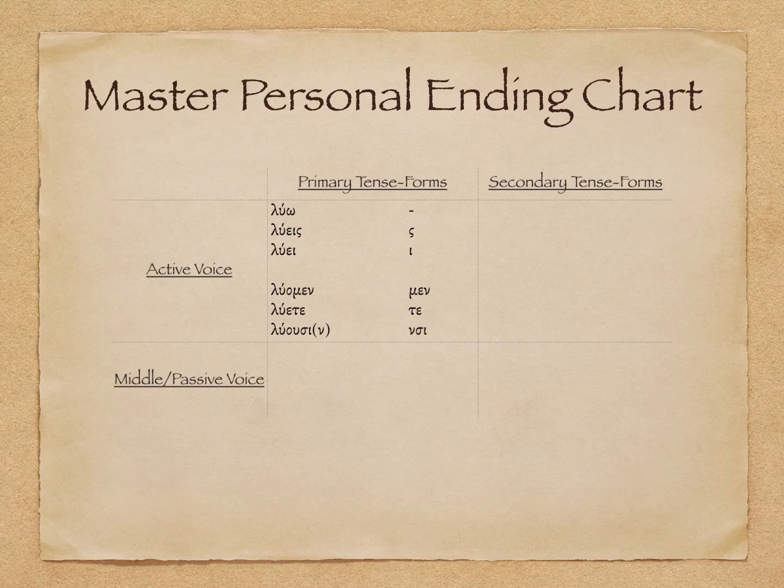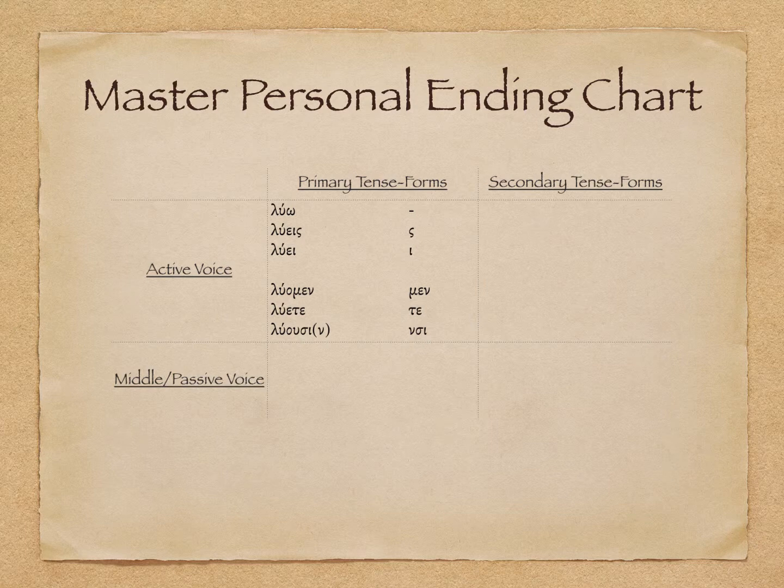Well, this is another chart that you'll see several times, the Master Personal Ending Chart. You'll notice this in Mounce's book, and I mentioned earlier there are 4 quadrants to this chart. They are along the axes of active and middle and passive voice on the left, and then on the columns, the first column primary and the second column secondary.